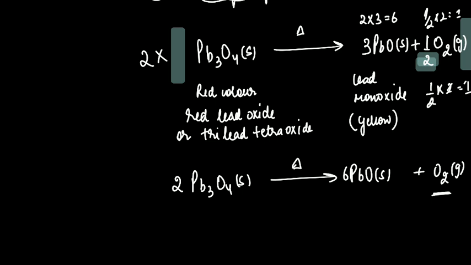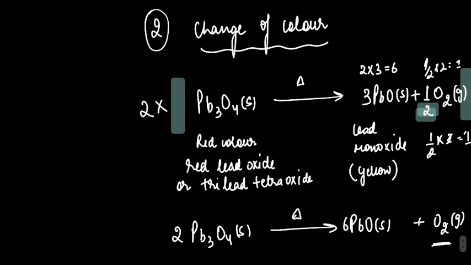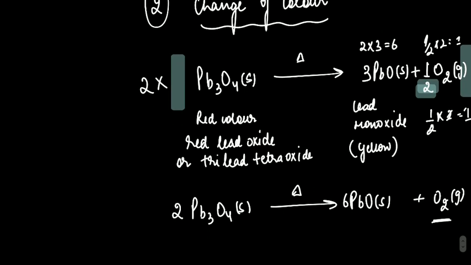Now we have 2 into 3, 6 atoms of lead. We have 6. 4 into 2, 8 atoms of oxygen on the left hand side. 6 oxygen are over here, 2 oxygen atoms are over here. 6 plus 2 is 8. So we balanced it. Now coming to the category of the equation, how we can categorize this equation.